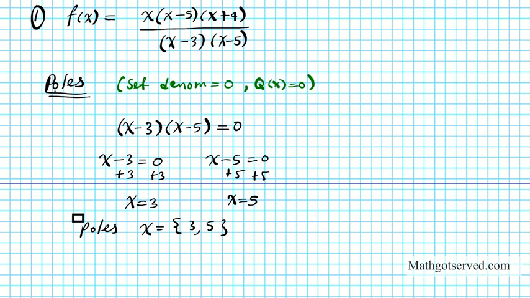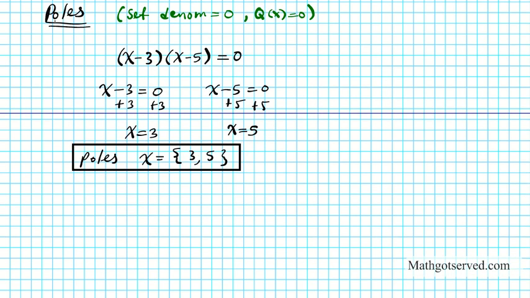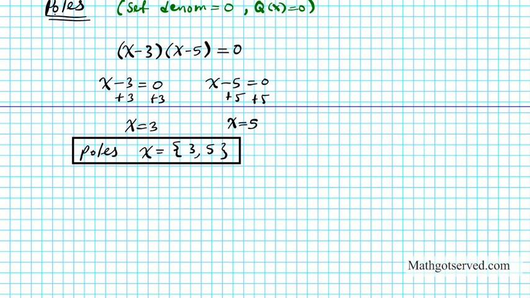Now next, we're going to look for the discontinuities. So write that down, discontinuities. First of all, we're going to list all the discontinuities, then we're going to separate them into the removable and the infinite, okay? So what are the discontinuities here? Guess what?